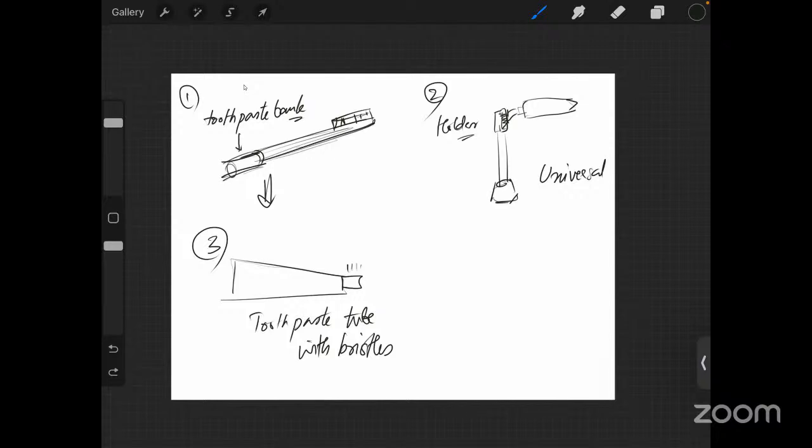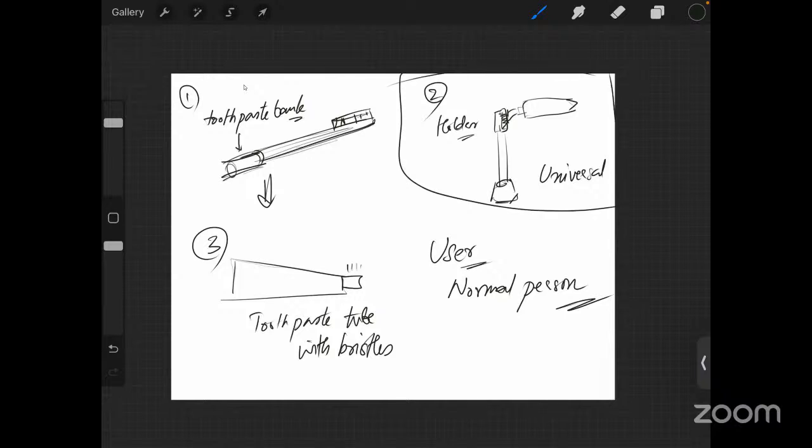Since I'm imagining my user to be a normal person, for him I think the second solution is a bit more practical. But ideas 1 and 3 are also good solutions, provided you define the scenario properly. So now I'm taking the holder idea.